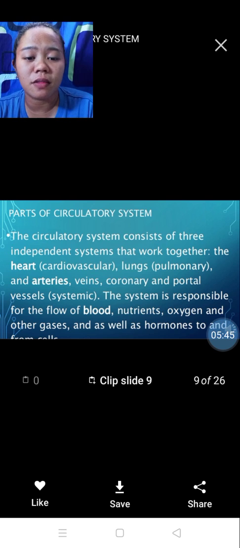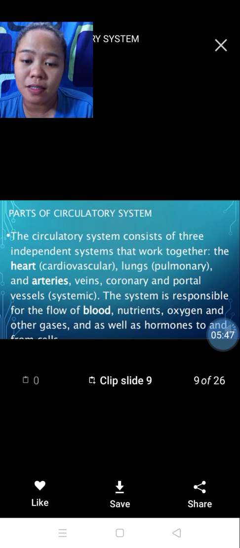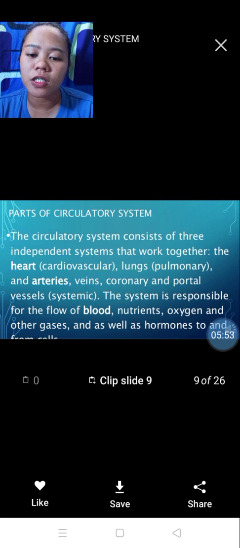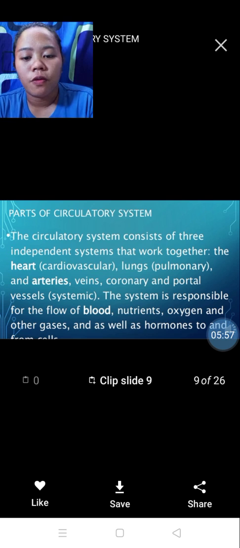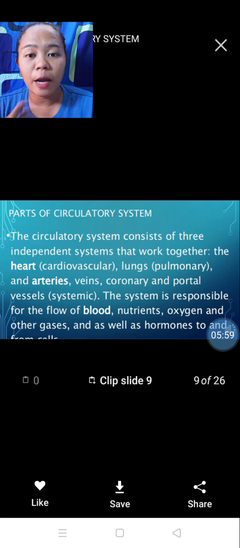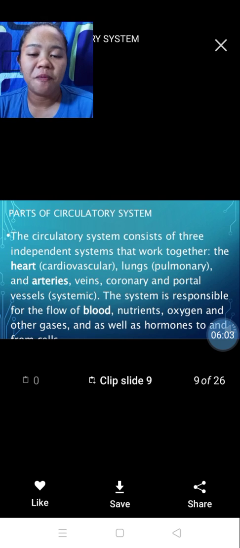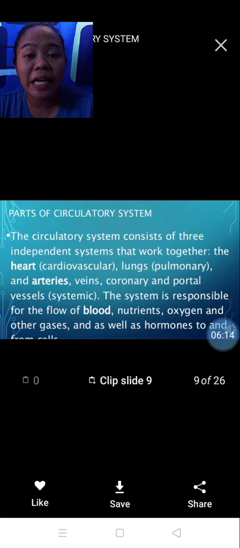So, the circulatory system is responsible for the flow of blood, the nutrients, oxygen, and other gases, as well as hormones to and from cells. Yan po ang laki po ng gampanin ng circulatory system sa ating katawan na kailangan natin na alagaan, i-maintain yung kalusugan natin para maging healthy tayo.